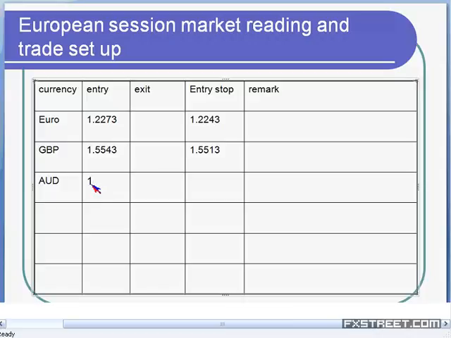So I will try to keep around 20 pips above the initial high, 1.0232, because it is closer to the high. And if I buy it, if they don't breach the low, they will make one dip of 20-30 pips before making a further rise in the case of Australian dollar.